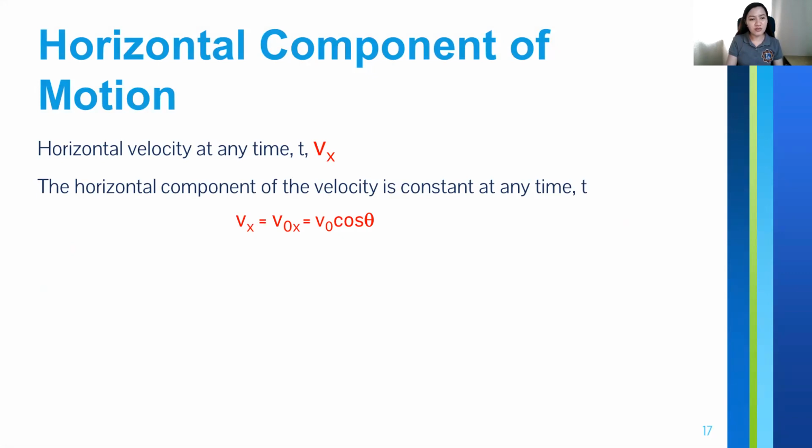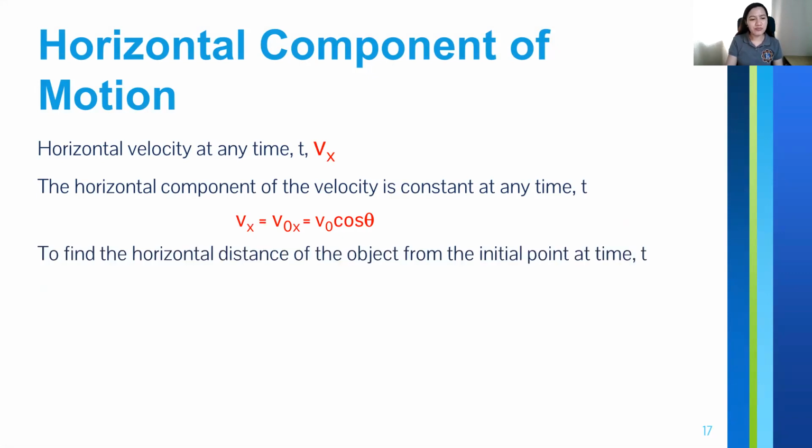Again, the subscript O can be replaced with I, for initial, and theta is the launch angle. And to find the horizontal distance of the object from the initial point at time t, x would be Vx t. This is just velocity equals distance over time, so x is the horizontal distance. At any point, we can find the horizontal distance traveled using this formula at any time t.